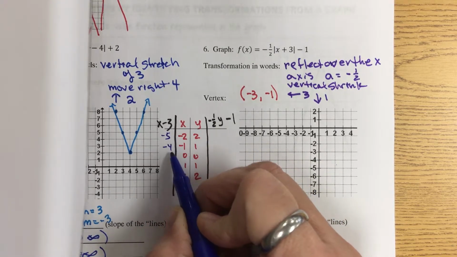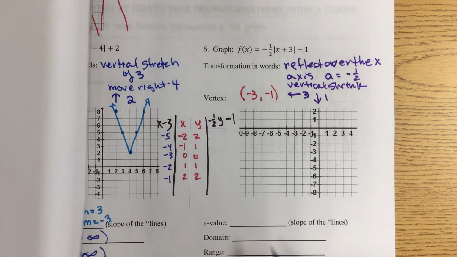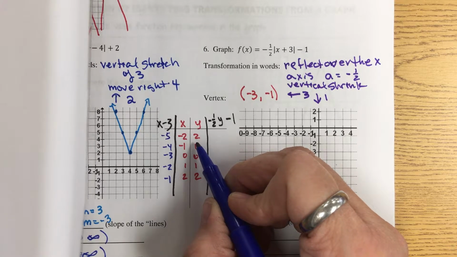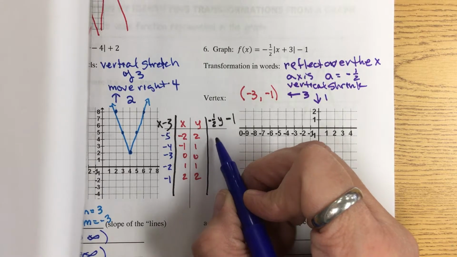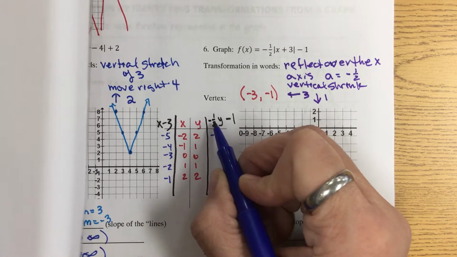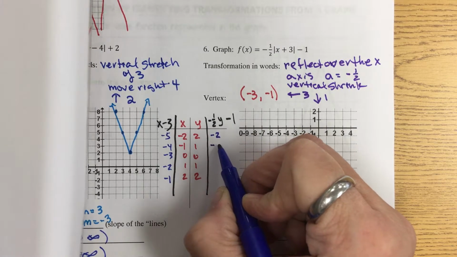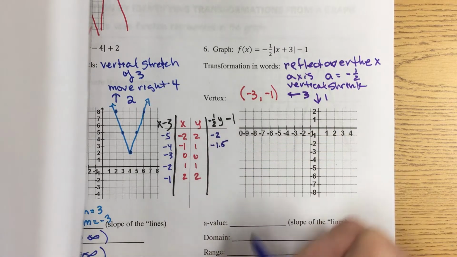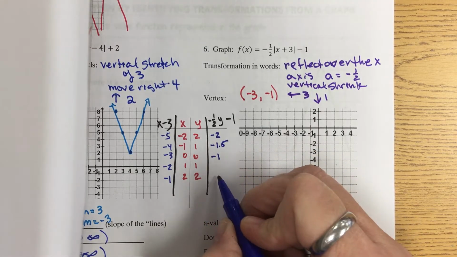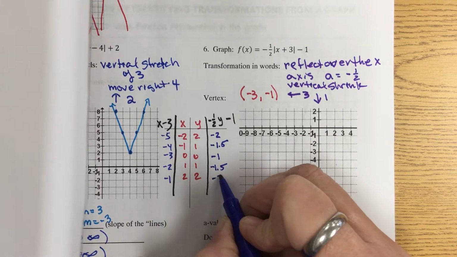Subtract 1, -4, -3, -2, -1. Then over here, multiply this by -1/2. So that's going to get me -1 minus 1, -2. -1/2 minus 1/2. Well, I know some of you have issues with fractions, but -1/2. Then 0 is going to get us -1. Then this is going to get us -1/2 and -2.